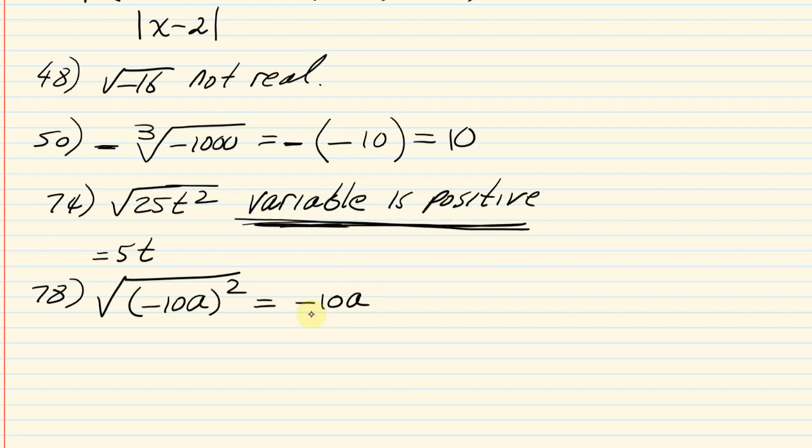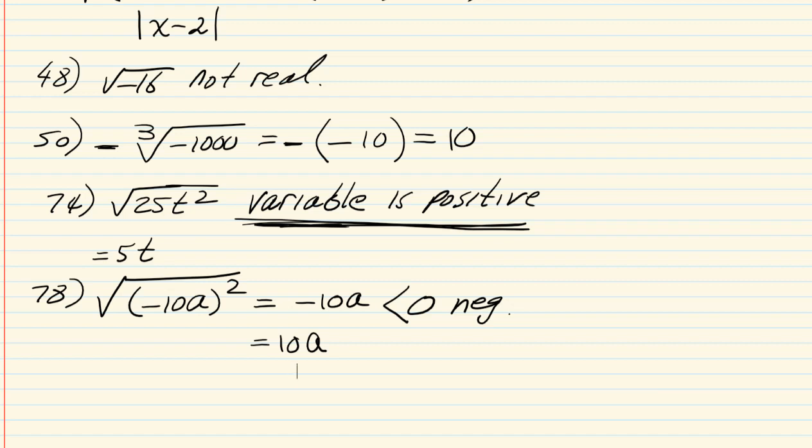So this would be negative, wouldn't it? Negative 10a would be less than 0. So we need to actually write this as 10a to force a positive answer out of it. If we didn't know what a is, it would be negative 10a, but if a is positive, then the answer is going to be 10a.